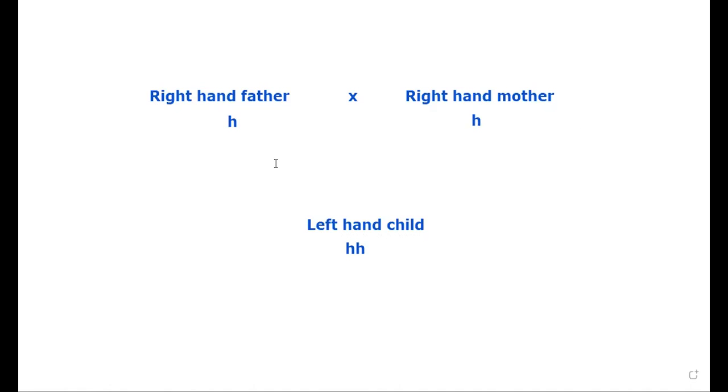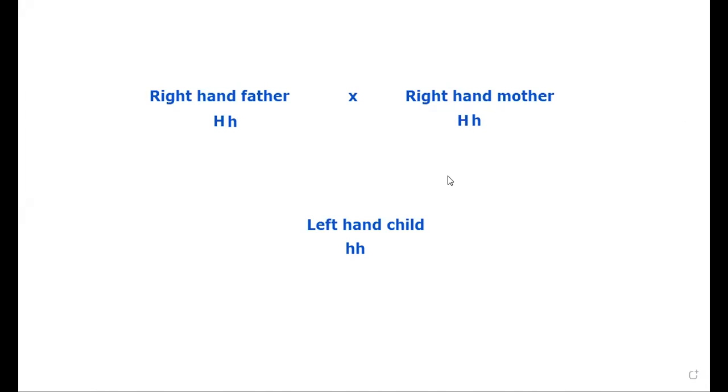But father is right-handed, means father has a capital H. So father is situated in which state? Father and mother, they are right-handed, no? They have capital H, correct? Yes, sir. Then what is the state of his parents? The parents are heterozygous. Understood? Yes, sir.